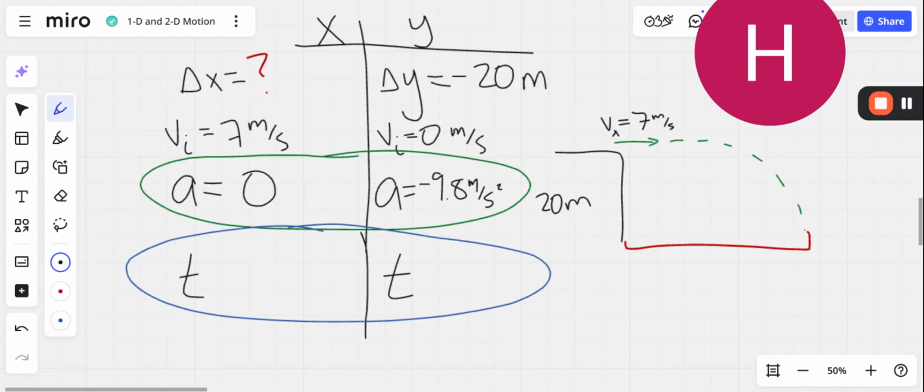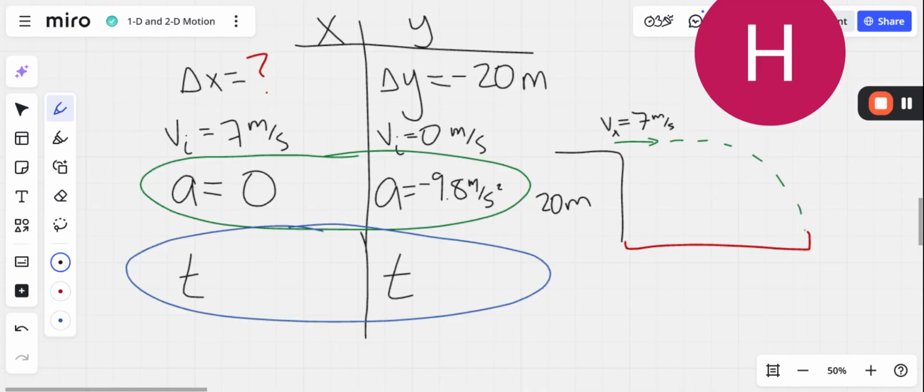When that happens, the same amount of time has passed, whether you're thinking about this in the vertical or in the horizontal. The one quantity that is the same between the vertical and the horizontal is time. Because time keeps track of the entire situation. It doesn't just focus on one dimension of motion, right?